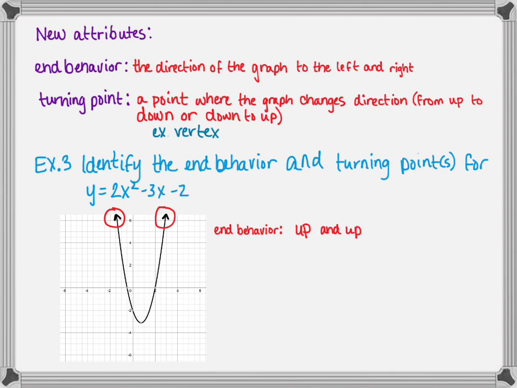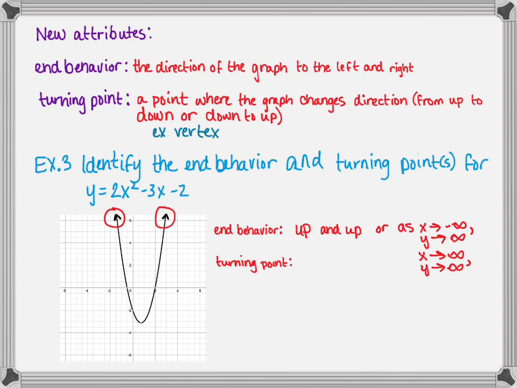And you can also see end behavior written using infinity notation. So we could write as x goes to negative infinity, as my x's go to the left, the y's go to infinity, the y's are going up. And as x goes to positive infinity, as the x values go to the right, the y values are going to positive infinity, the y values are going up.